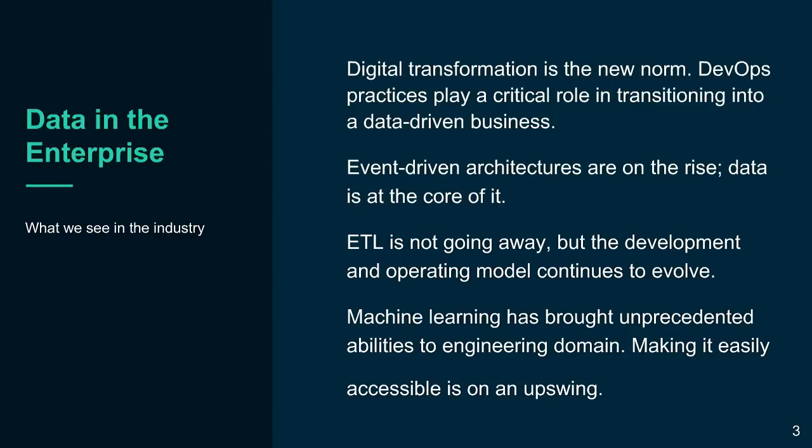There's also a pattern emerging where we hear a lot of chatter in the community about batches going away, ETL is going away, but we acknowledge that at the same time we see a lot of customers still having a lot of ETL workload, and the way these ETL workloads evolve, develop, and are orchestrated onto platforms is changing, and we see that trend and acknowledge that as well. And the last one that I have on the slide is about machine learning, right?